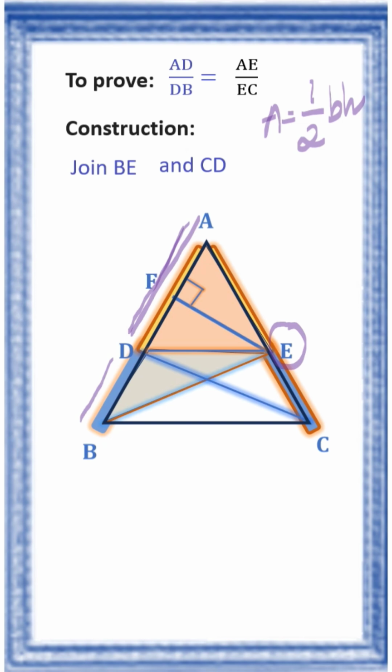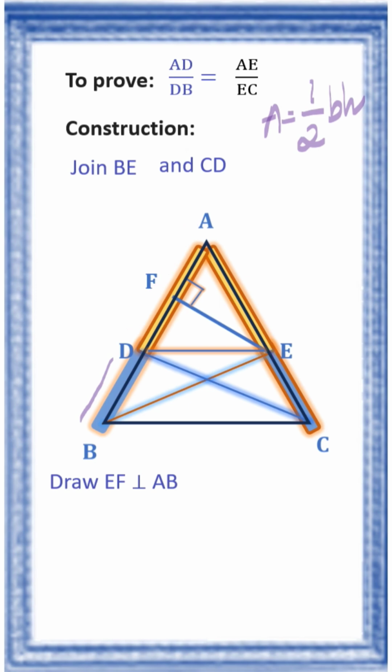So now what will you do? Draw EF perpendicular to AB. Similarly, you can have perpendiculars for the triangles AED and CDE. For AE, the opposite vertex is D. So from D, drop a perpendicular.